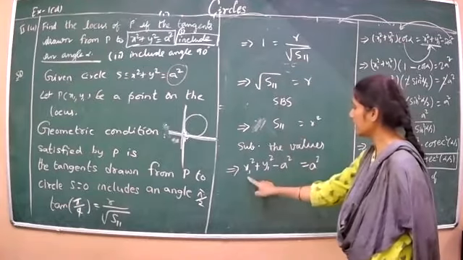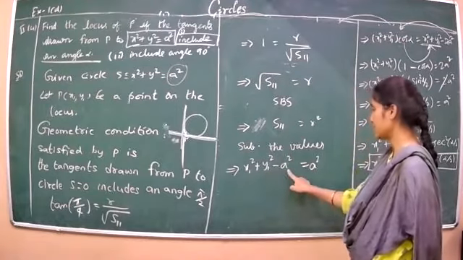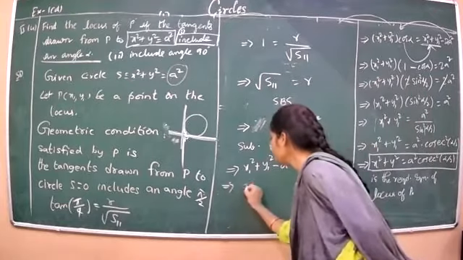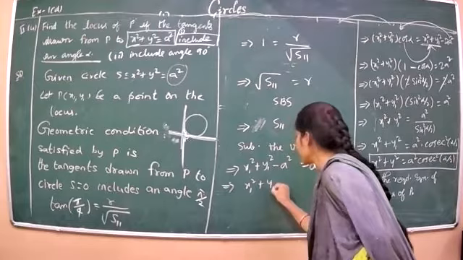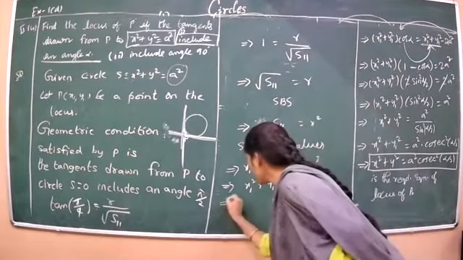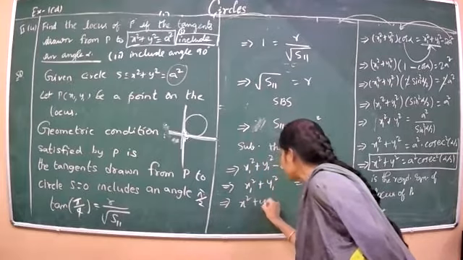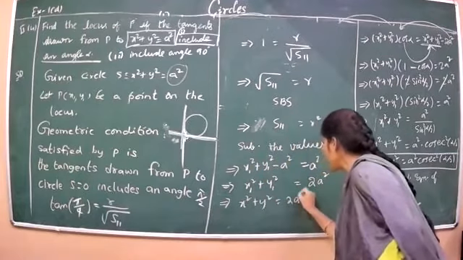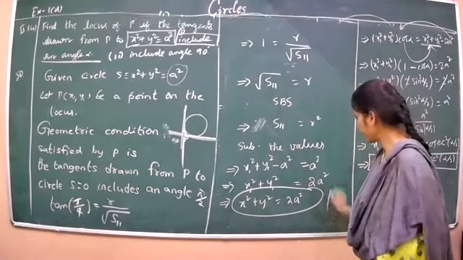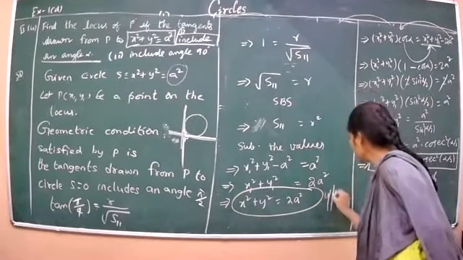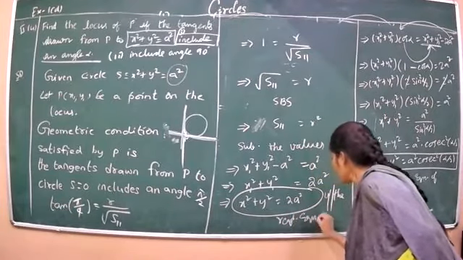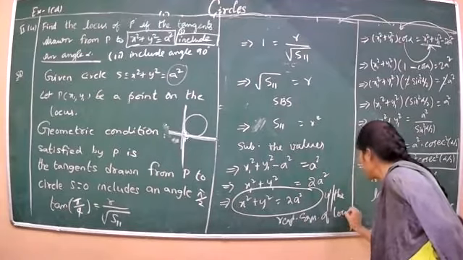S11 is x1 square plus y1 square minus a square. Transposing minus a square onto the other side, with simple addition, we get x1 square plus y1 square is equal to a square plus a square, 2a square. Therefore, x square plus y square is equal to 2a square is the required equation of locus of P.